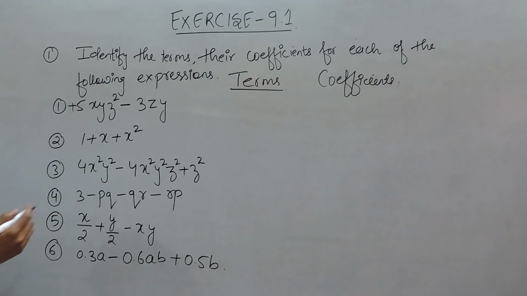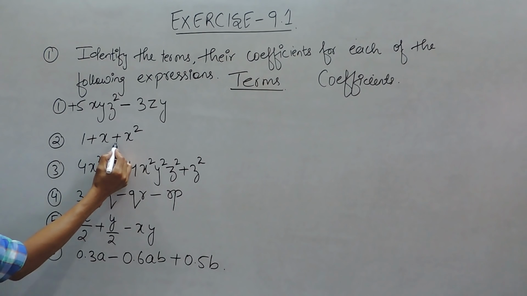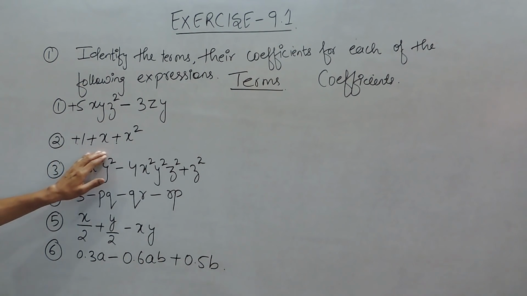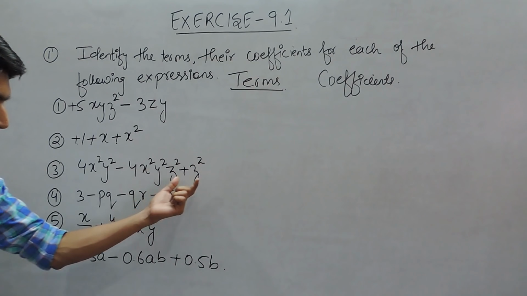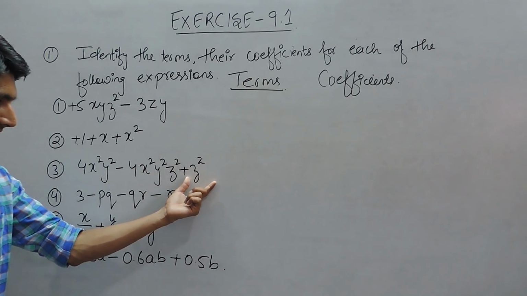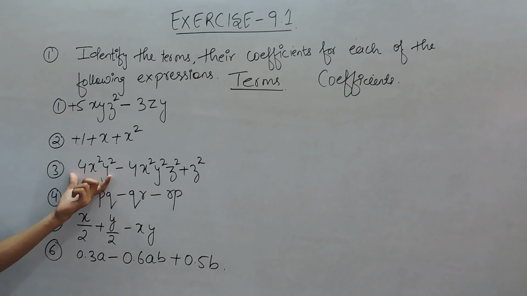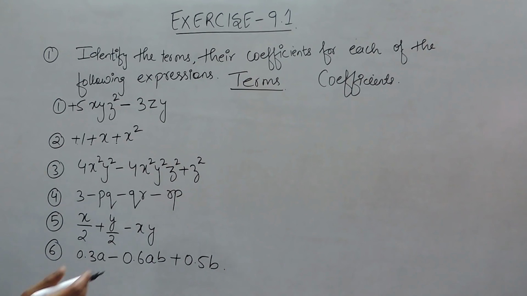In the second we have three signs, and one sign will be with 1. So in this case we have three terms. In this case also this should be one term, this should be another term, and the last one should be another term, and the same goes for the rest.